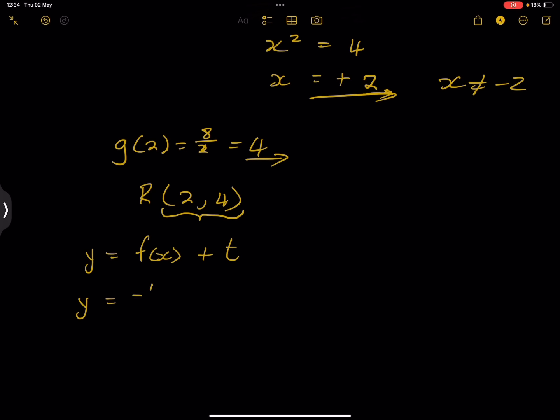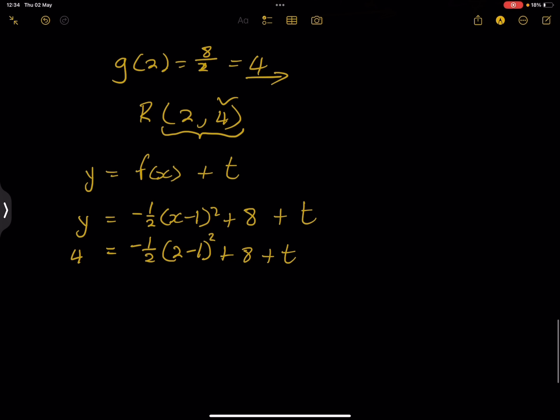That's -1 over (x minus 1) squared plus 8 plus t. So we know when y is 4, x is 2, squared plus 8 plus t.